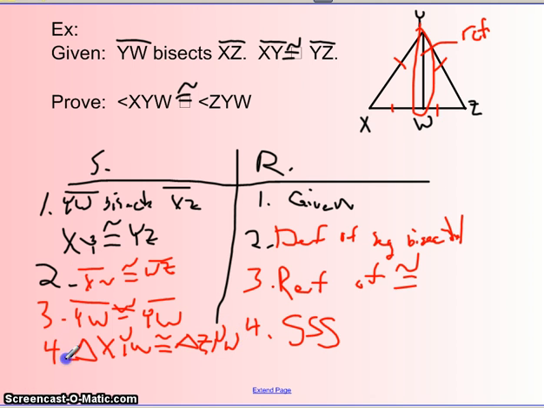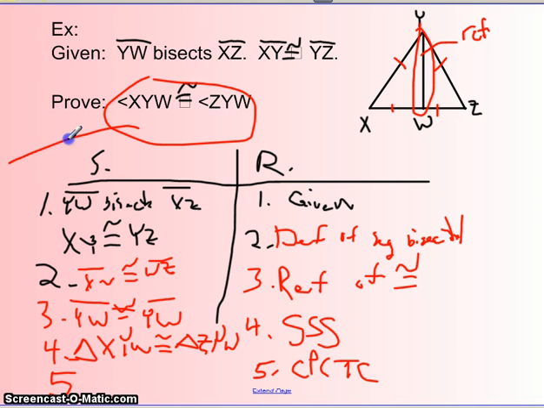And then once we have that the triangles are themselves congruent, then we can say that any parts of those triangles are congruent. And that's what the new thing is from today's lesson. It's that CPCTC. So right here, we'd go right into that spot then. And that would be our proof.